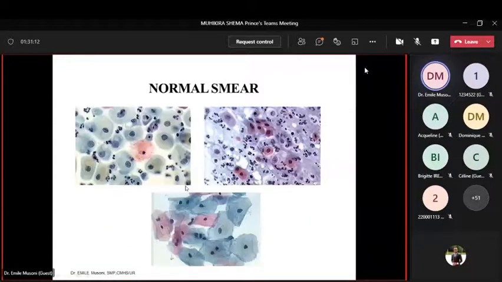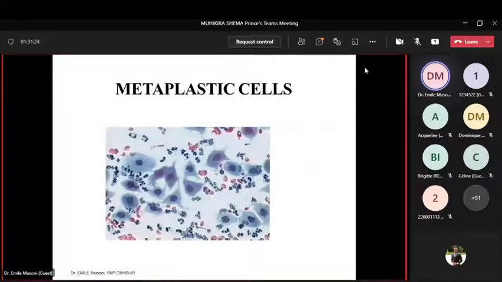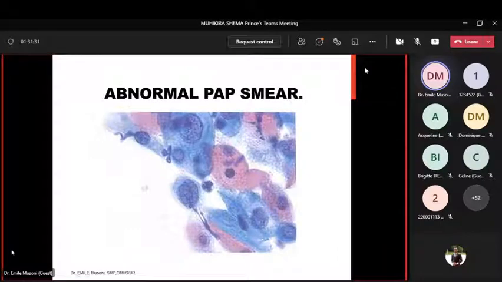If you compare to this one, you clearly see the cytoplasm, and this one is normal. This one is metaplastic, meaning there are some changes, and those are neutrophils. But this one is malignant, because the nucleus is increased in size compared to the cytoplasm. And you see some cells are larger than others, what we call pleomorphic.